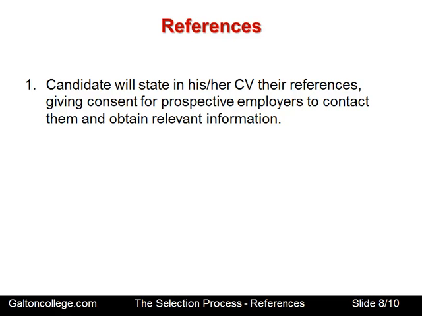So they will contact the tutors in advance and ask them if they would be willing to be the referee. So everything is in place for the company to write to the referee and ask for a reference.